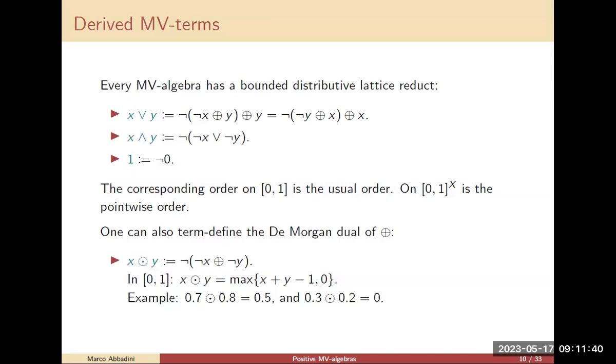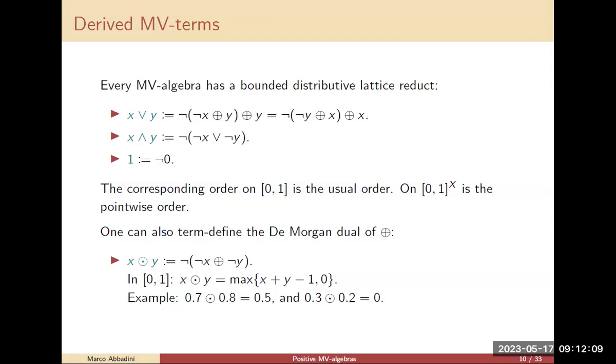This operation is the De Morgan dual, and on [0,1], the interpretation is that it measures how much the sum of x and y goes above 1. So you make the sum, x plus y, and then you say, okay, what's the difference between x plus y and 1? And since you have to remain in the unit interval, you take the maximum with 0.